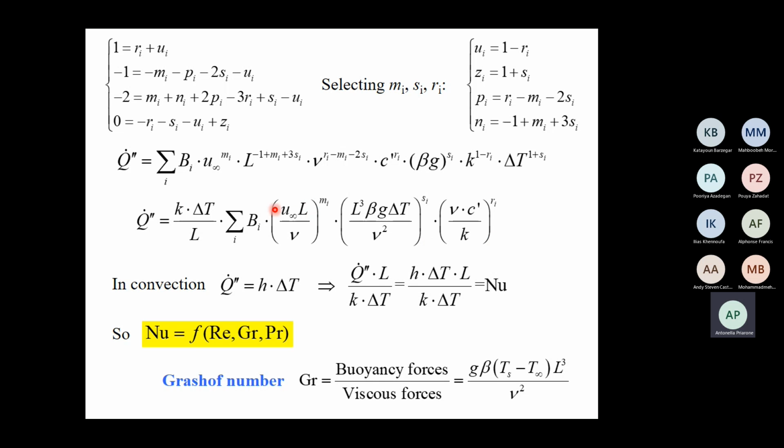This is the Reynolds number. This is the Grashof number. This is the Prandtl number.